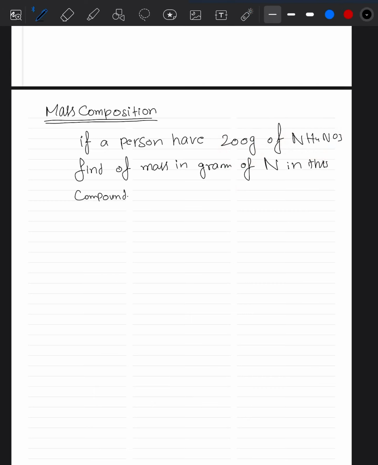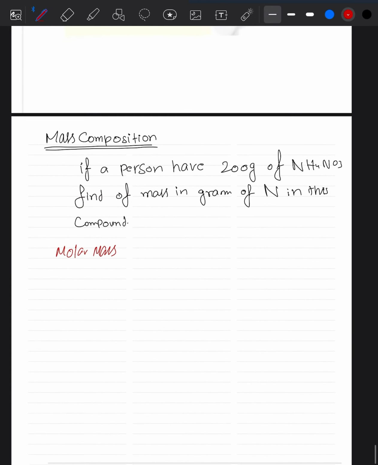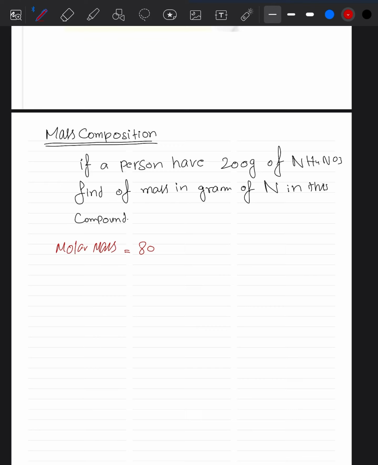We will solve it in the same way as we did for the percentage composition. We must find the molar mass. We already found the molar mass of ammonium nitrate, that is 80, and we find the mass of nitrogen. Now we have 2 nitrogen, so 14 into 2 over 80.